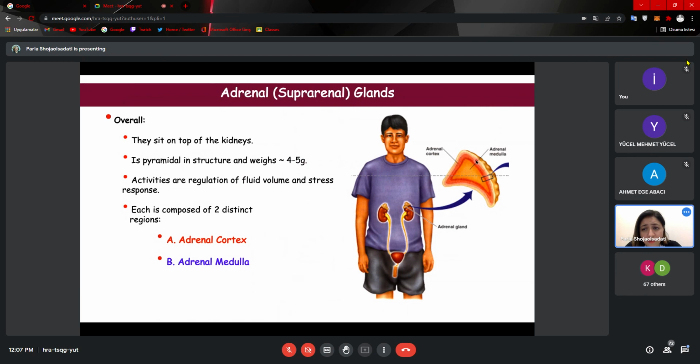If I cut the gland, I can see it's made of two different parenchymas; the central part is named the adrenal medulla, and the outer side is named the adrenal cortex. The weight of these organs is approximately 4 to 5 grams. The activities of this gland are regulation of the fluid volume and stress response.